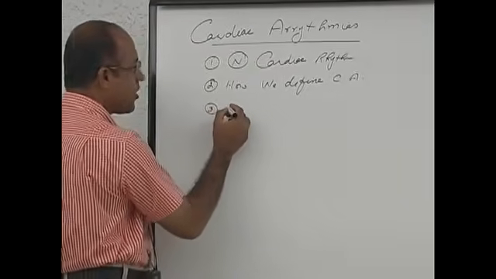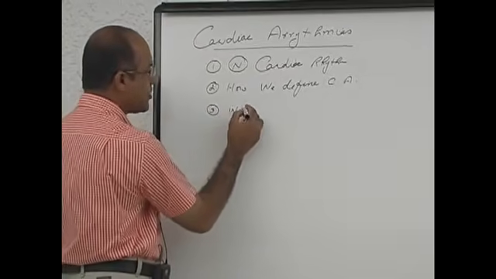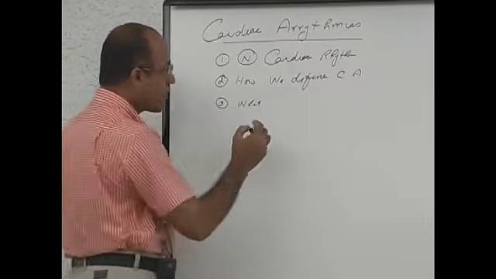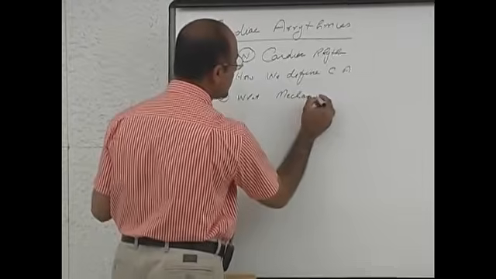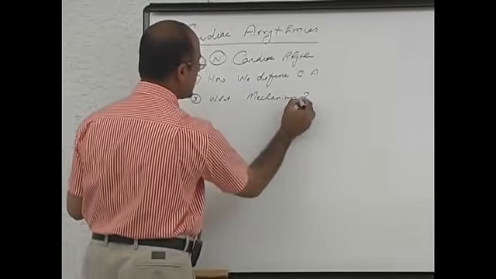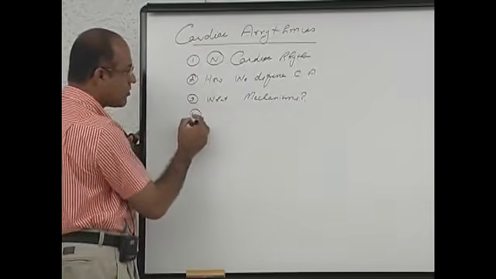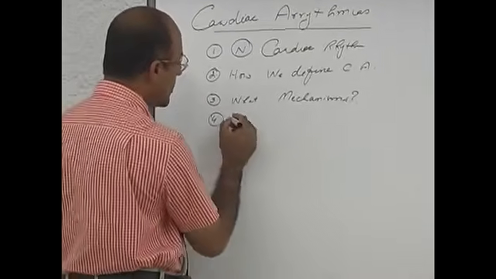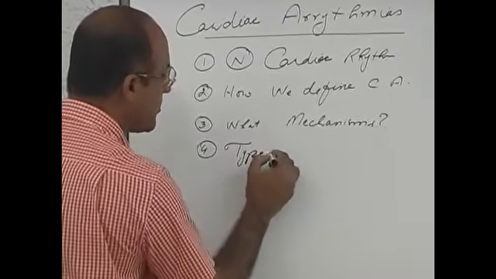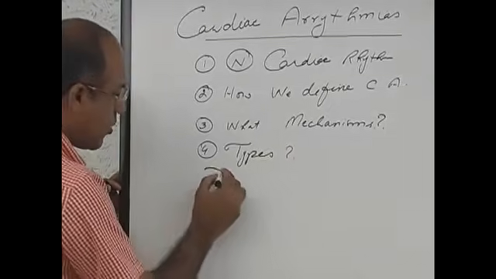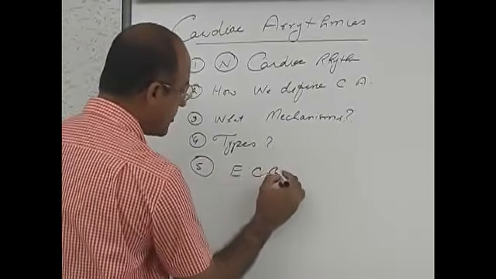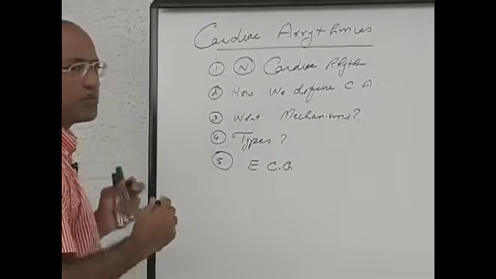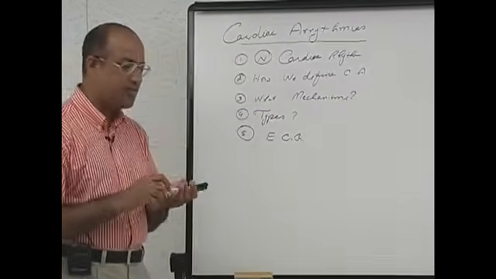Number three, what are the mechanisms of cardiac arrhythmias? And of course, then we will talk about what are the types of cardiac arrhythmias and what is the relationship with ECG.